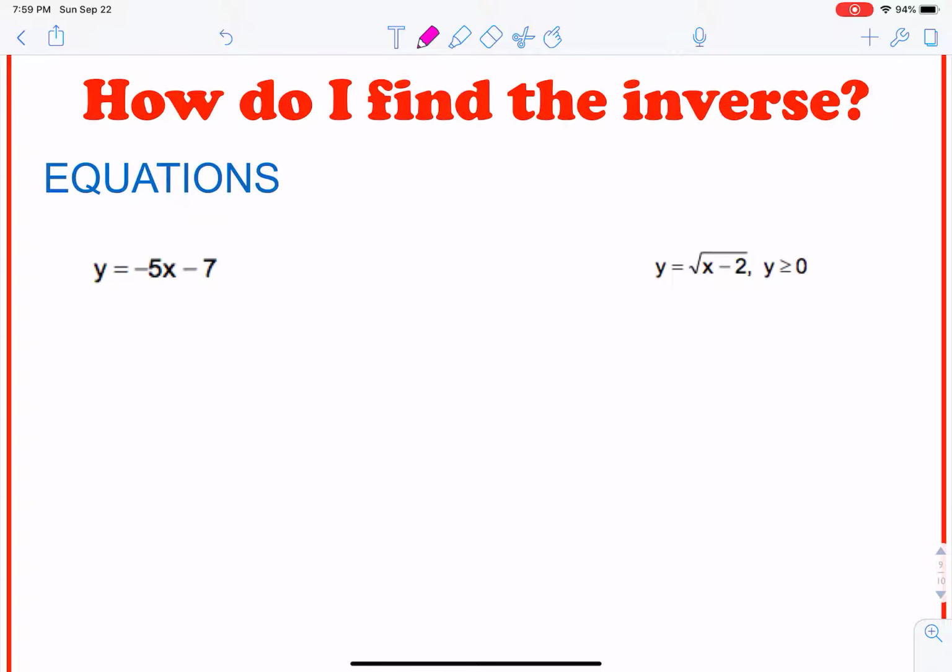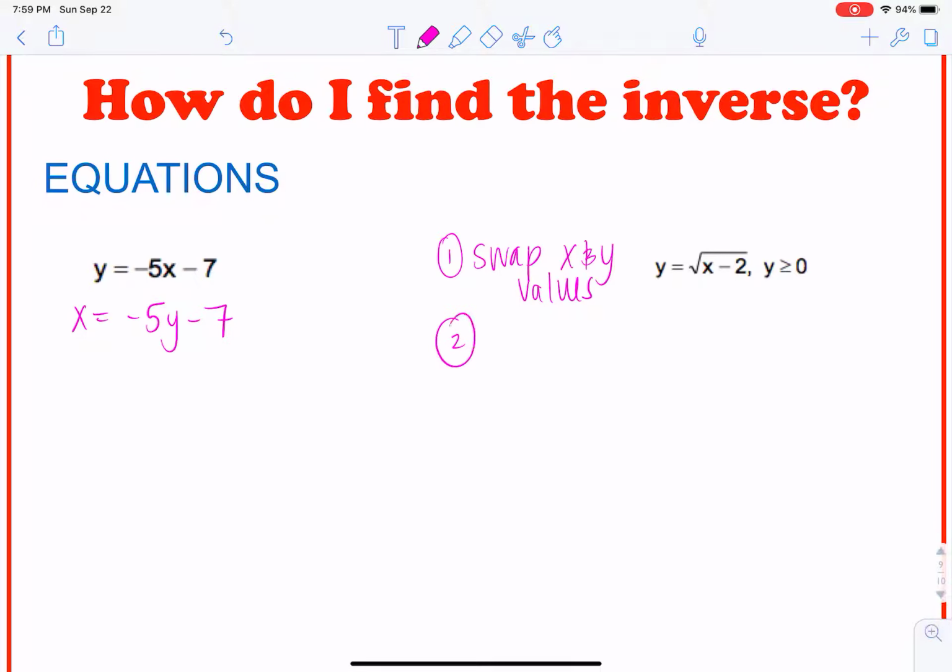And lastly, for equations, how can I figure out what the inverse of a function is? There are a few steps, and since we've talked about going backwards and doing the opposite, I have y is equal to -5 times x minus 7. The first thing that I want to do is swap my x and y values. So step 1 of finding an inverse, x is equal to -5y minus 7.